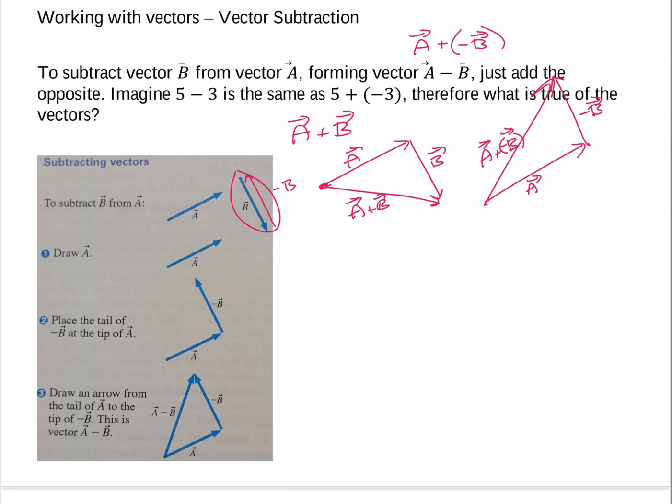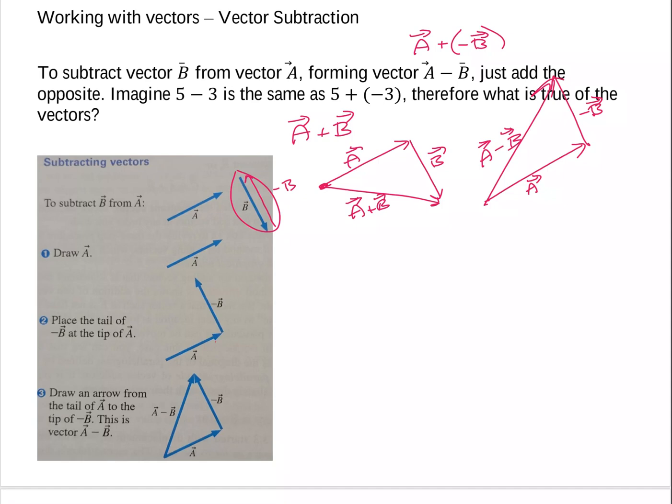So what I would probably write instead is A minus B. Okay? Because that's what they wanted me to find, and that's what it is. That's your answer. Okay, so that's how you subtract those two vectors. So like I'm saying right here, imagine 5 minus 3 is the same as 5 plus negative 3. So there you go, okay?